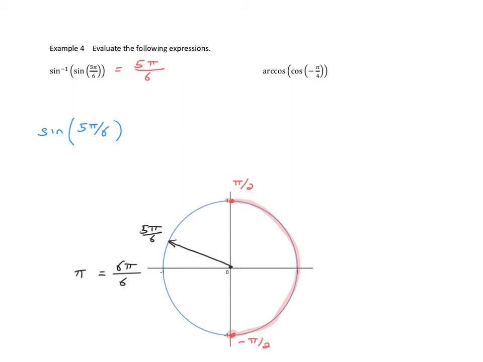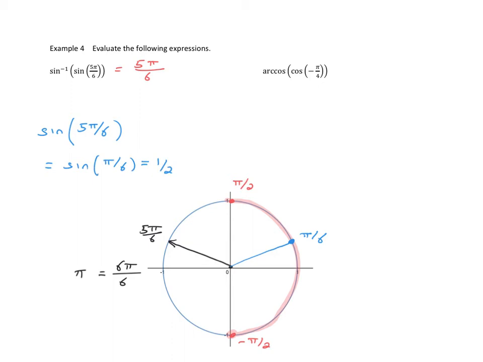If you want to figure out sine of this angle, we'd have to use a reference angle back here in the first quadrant. That angle is going to be pi over 6. The reason, again, is that the y values are the same here. So sine of 5 pi over 6 will be equal to sine of its reference angle, which is just pi over 6. And so maybe I'll just state that up here: sine of 5 pi over 6 is really sine of pi over 6, and that's equal to a half.